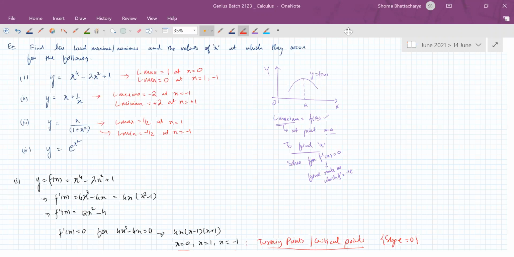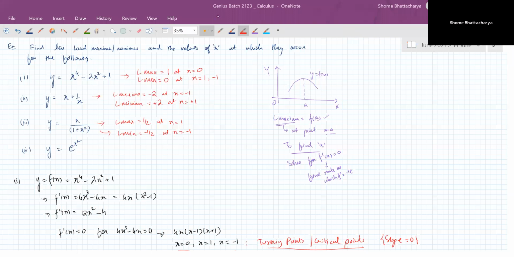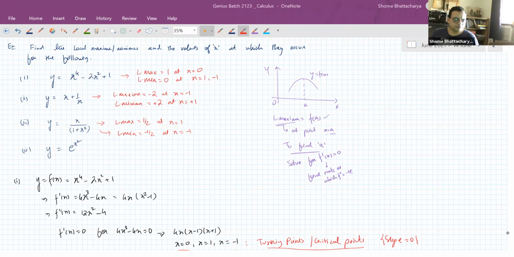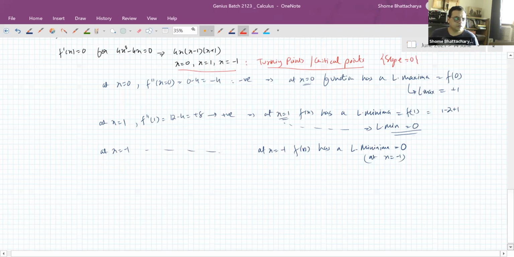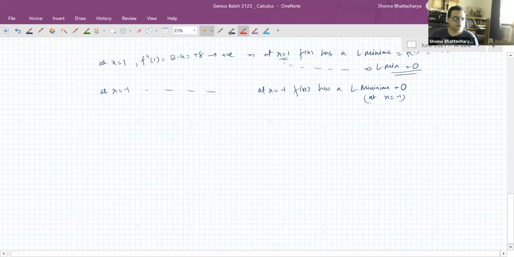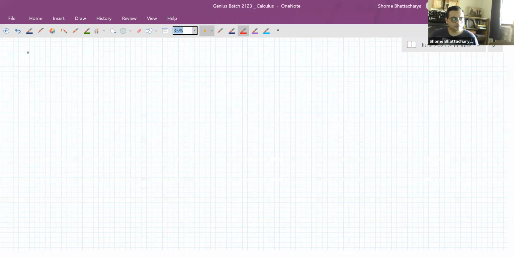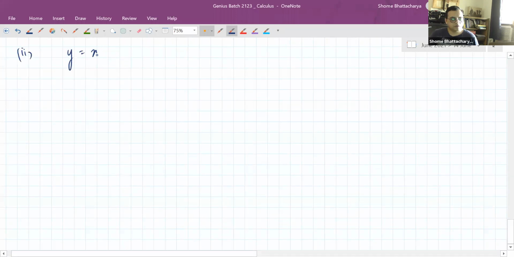Okay, so now I'm doing the analysis of all these questions in detail. So let's start with the second one. For this function, the derivative is 1 minus 1 by x square, and therefore the second derivative is the differentiation of this.